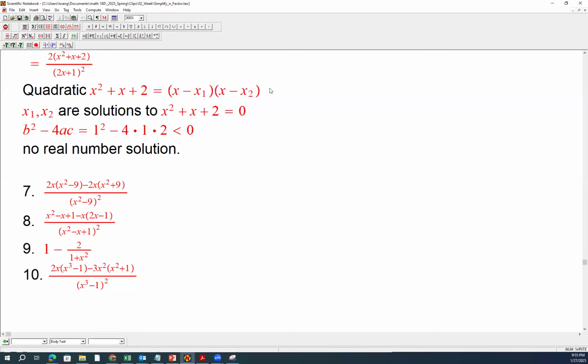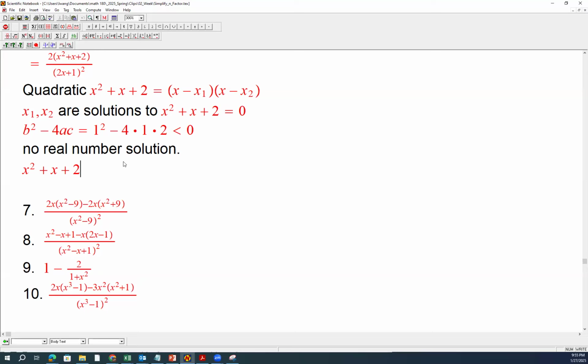But complex factors usually are not going to be of any use for Calculus 1. So this will end up with x1 being a complex number and x2 being a complex number. We call this kind of situation an irreducible quadratic.